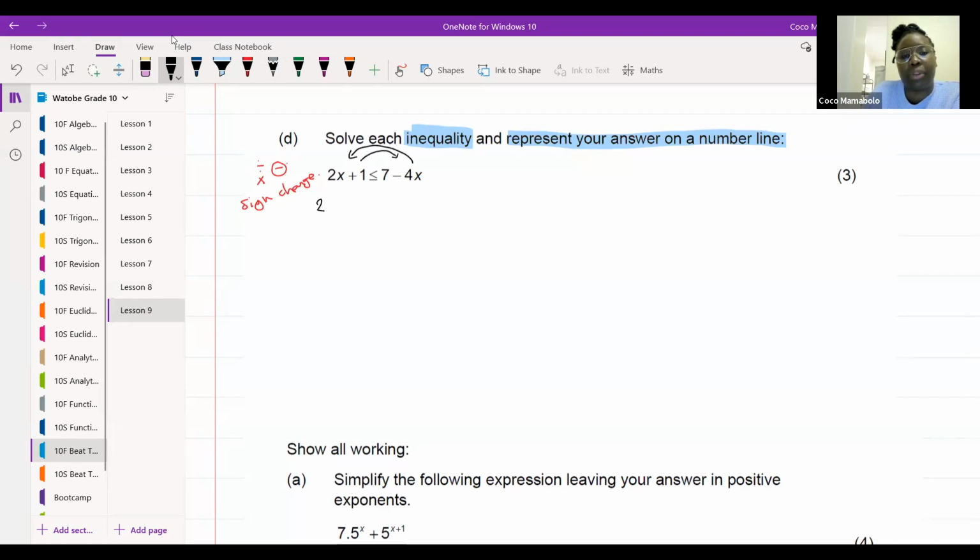So I end up with 2X plus 4X is less than or equal to 7 minus 1. Then adding, 6X is less than or equal to 6. Then I'm going to divide by 6. Do I need to change my sign, guys?